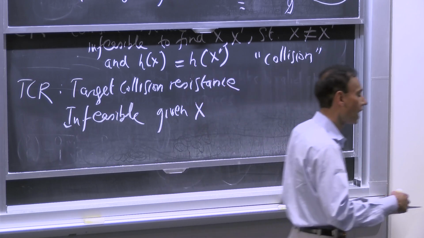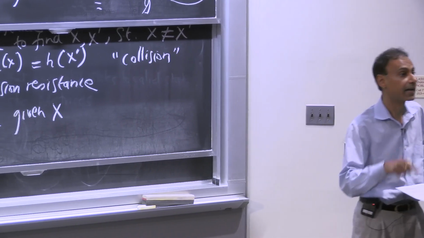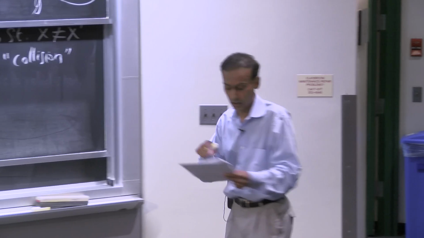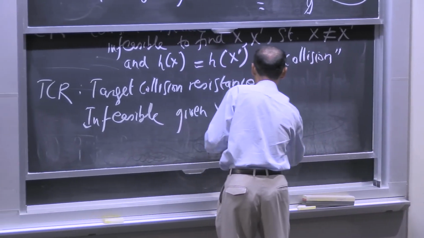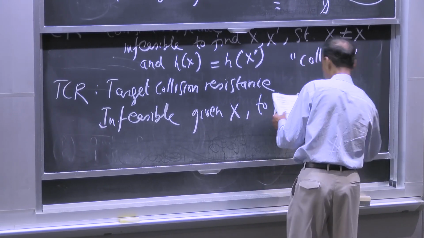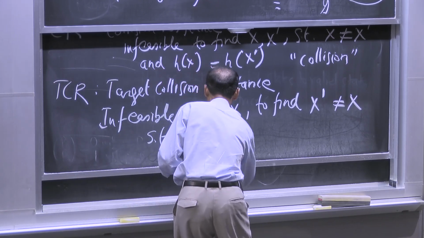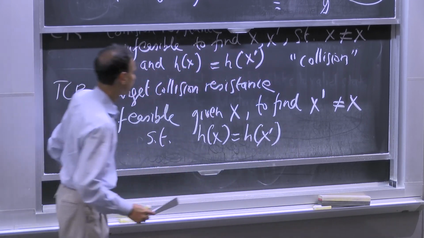But TCR says, I'm going to give you a specific X, and I want you to find an X prime whose hash collides with the hash of X. Okay, that's TCR.